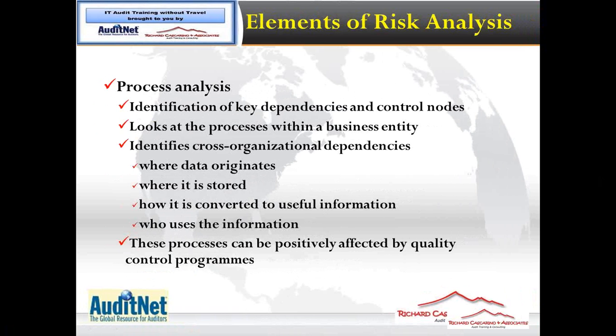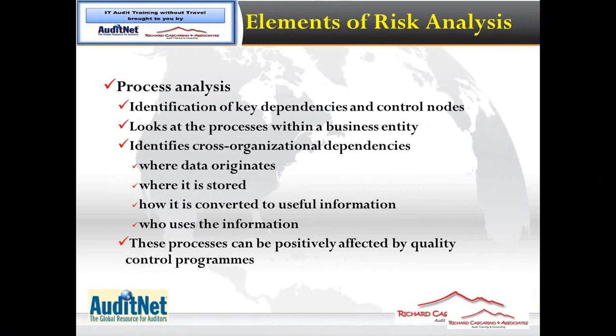So we look at the processes within any particular business entity and look for cross-organizational dependencies. We look for where data originates, where it is kept, how the data, raw data, gets converted into useful information, and who uses that information.